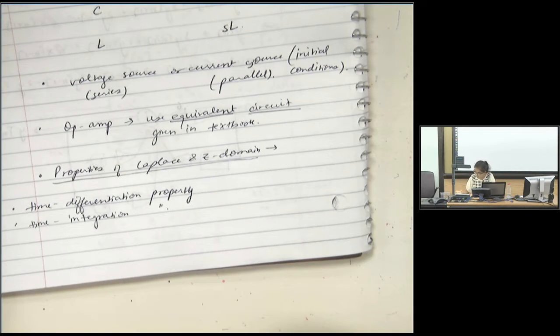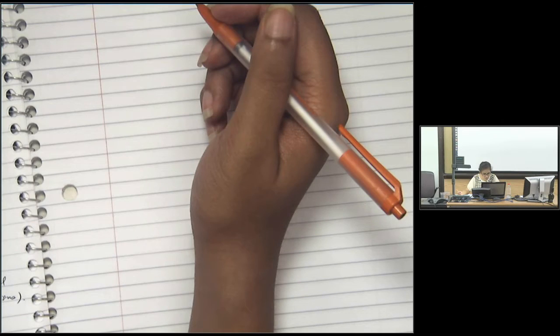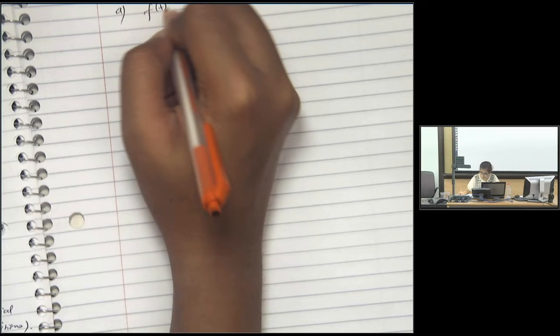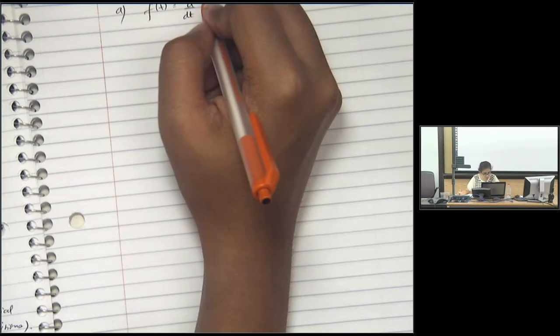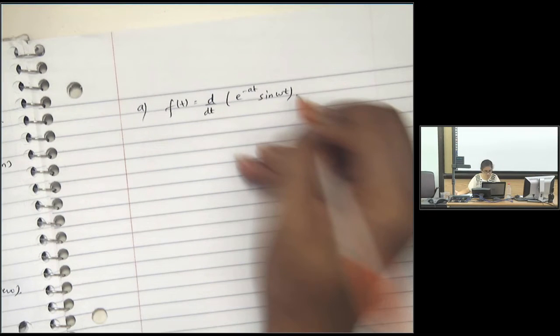Alright, so just to give you quick examples of these, this is again in your midterm review slides. So let's say first that f of t is the time domain differentiation of e raised to minus at sine omega t, right?